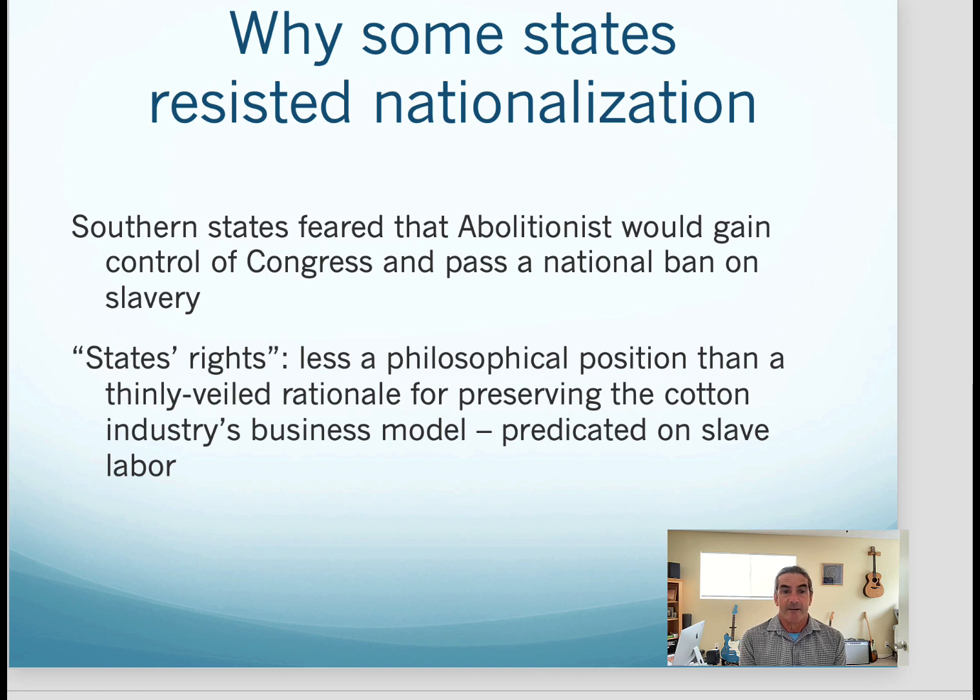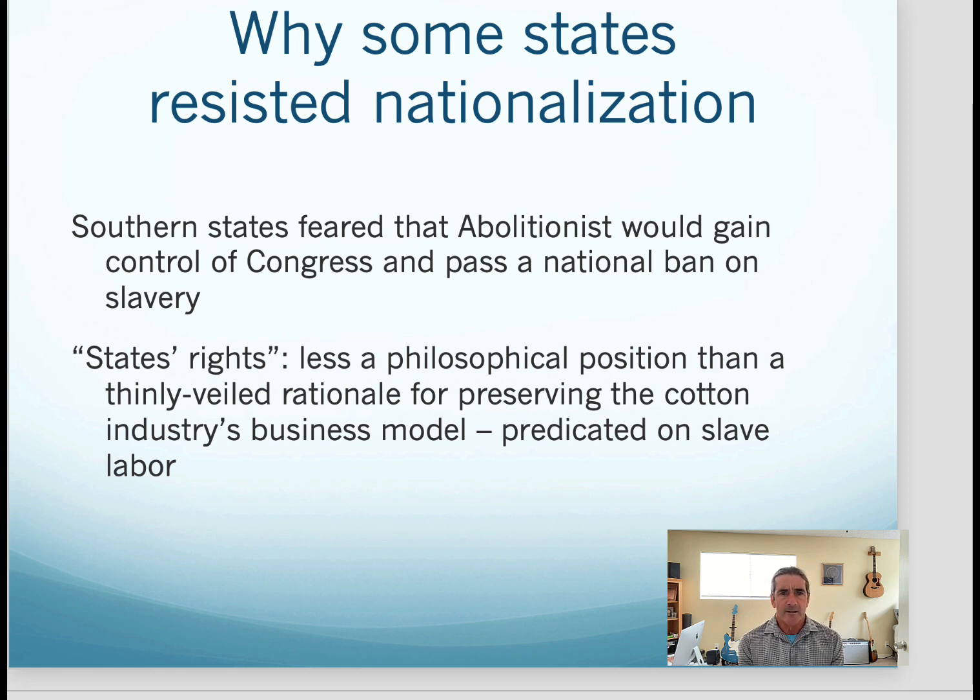And central to the business model of the cotton industry in the South was slave labor. So they adopted the mantra of states' rights, meaning the federal government should not interfere in how states conduct their own affairs. But it wasn't so much a principled philosophical position as it was a thinly veiled rationale for preserving the cotton industry's business model, which was predicated upon free slave labor.